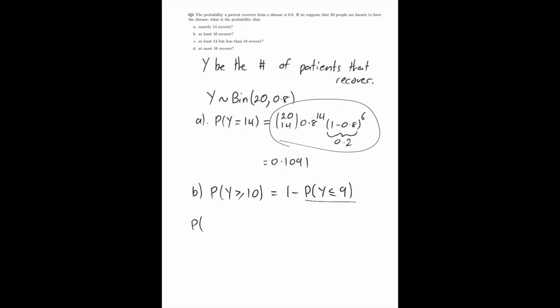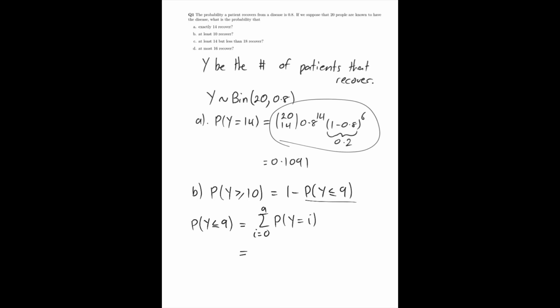Let's consider the probability that Y is less than or equal to 9. This can be written as the sum from i equals 0 up to 9 of the probability that Y equals i. So that's going to be the probability of Y equals 0 plus probability Y equals 1, all the way up to Y equals 9.